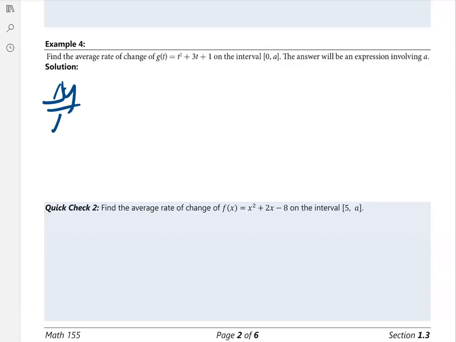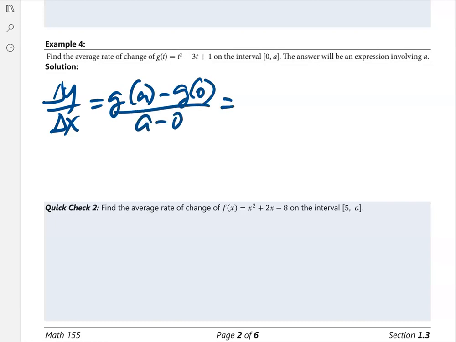So delta y over delta x is equal to g of a minus g of 0 over a minus 0.